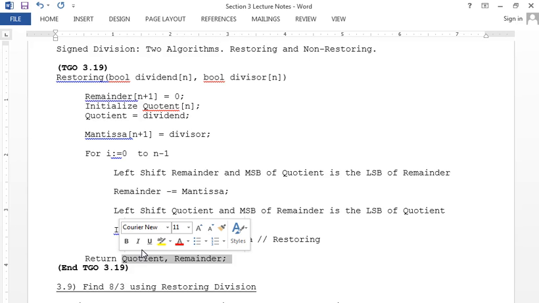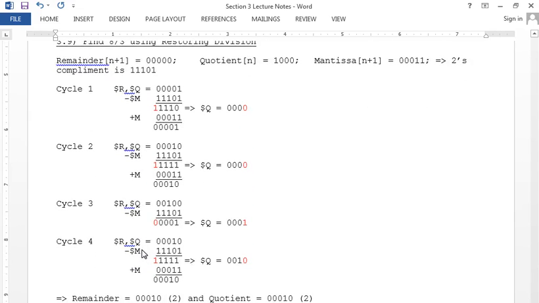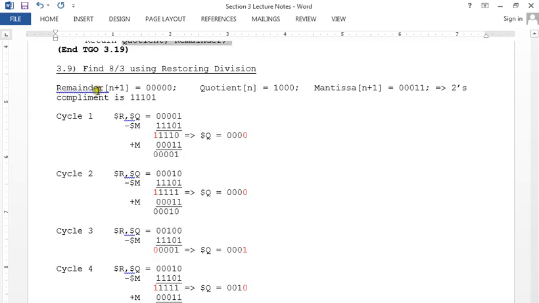So here's 8 divided by 3 in restoring division. So let's go step by step through here to explain the algorithm. So like I said before, we initialize the remainder, the n plus 1 bits, as 0. The quotient becomes the same as the dividend. So that's 8.